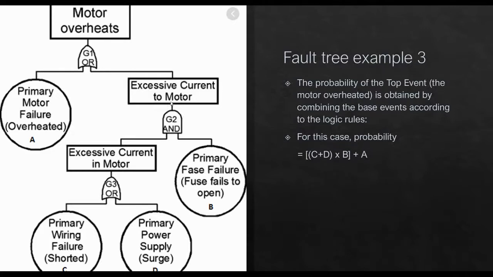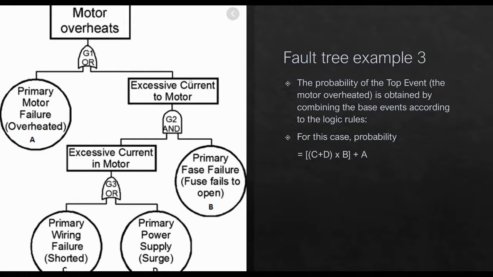Under the excessive current to motor, the cause happens only if both of the basic events happen: excessive current in circuit and fuse fails to open. Both of these must happen, then excessive current to the motor occurs.